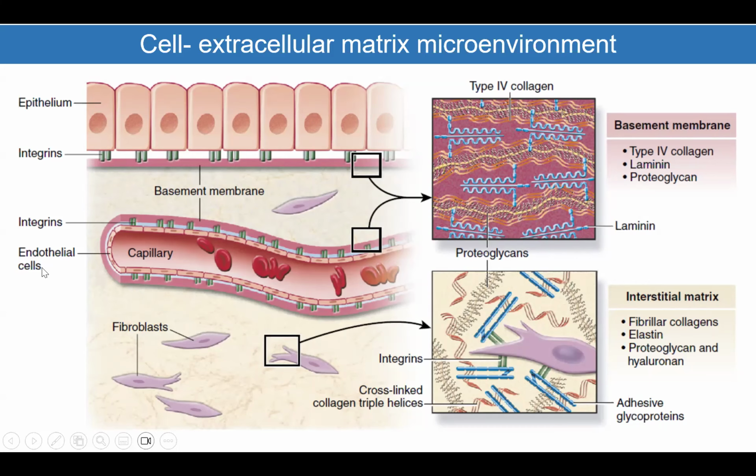If you look lower, we have the endothelial cells, which are the lumen cells of the vessels. Again, they share one component, which is the integrin, but you can see that the endothelial cells are much smaller and much thinner. And most probably, the basement membrane here is a little bit different from the basement membrane there.